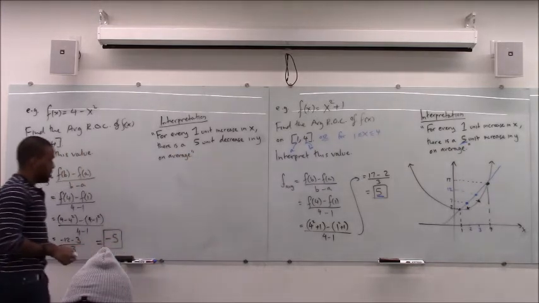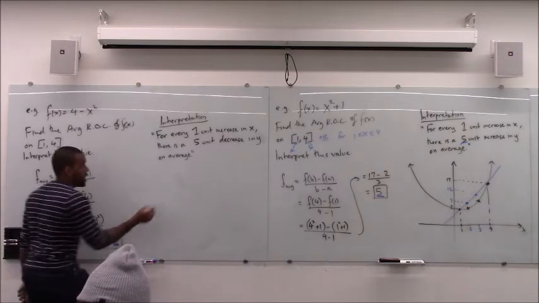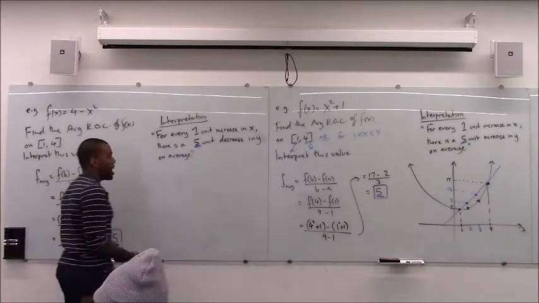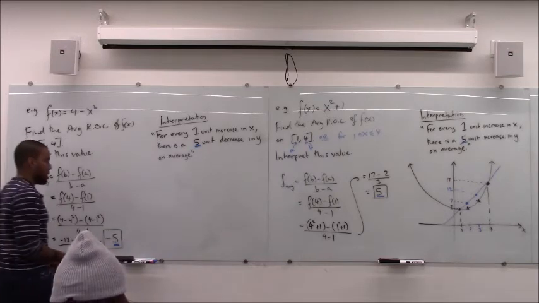Right? So again, here, the 5 units is referring to this. Every time x moves by 1, the y will move by 5. It's increasing 5 times as fast.